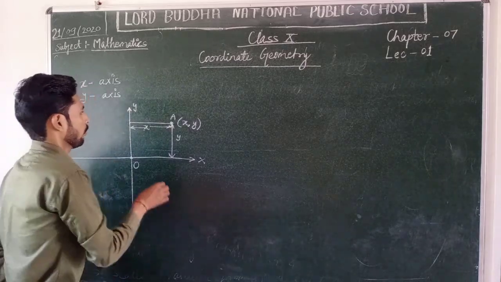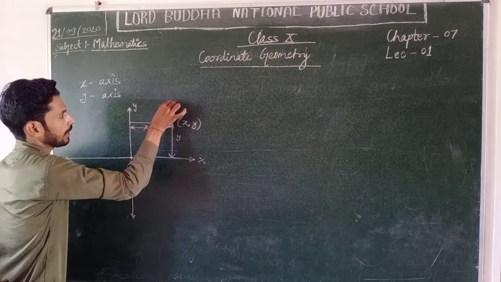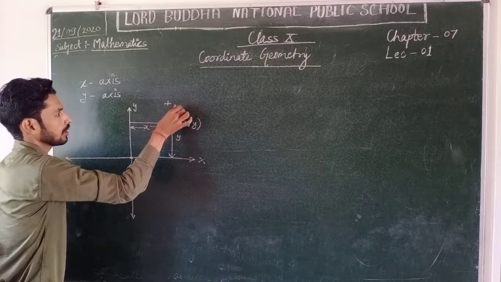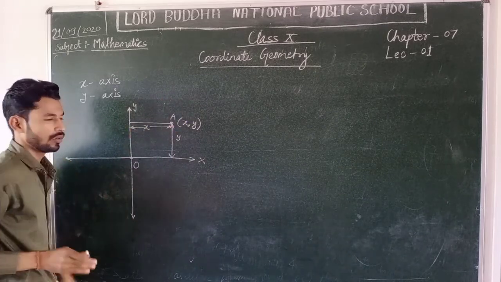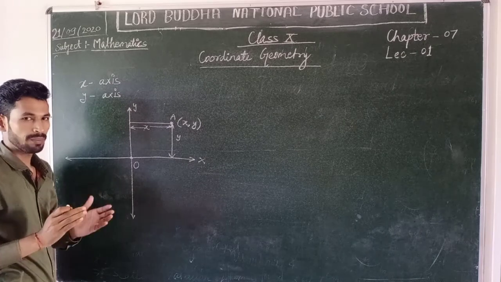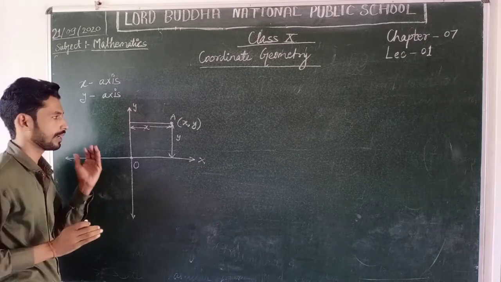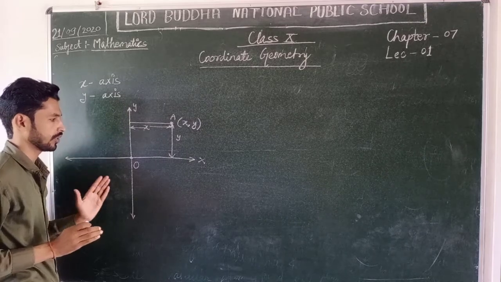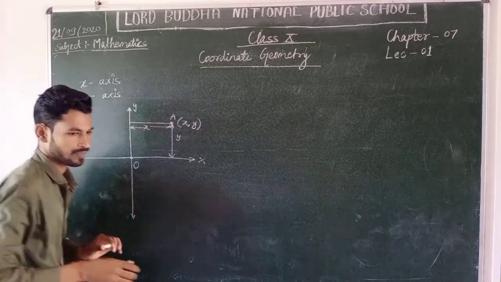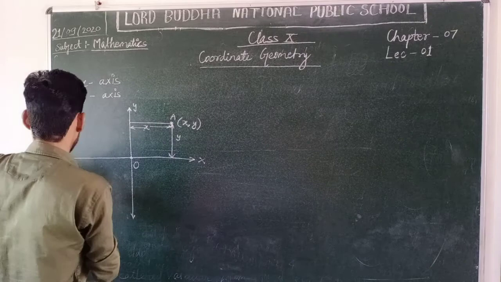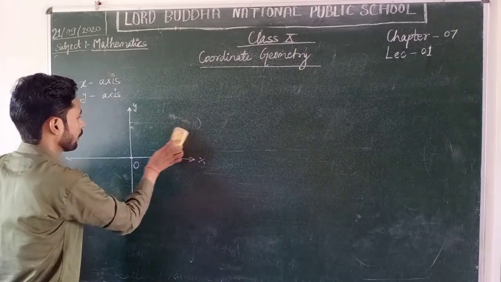Now we know that in the first quadrant x and y will be positive. And what will be the sign of x and y in the second, third and fourth quadrants?